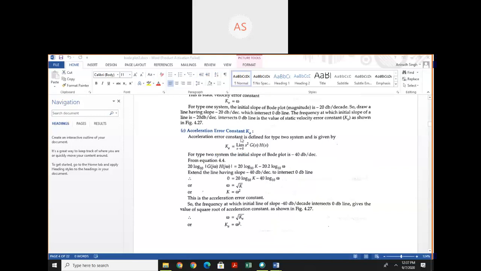Acceleration error constant Ka is defined for the type 2 system.